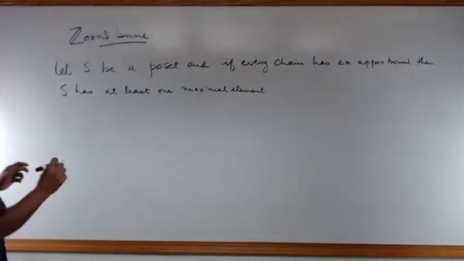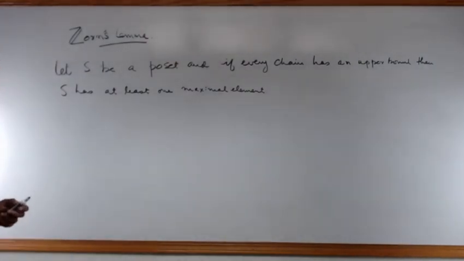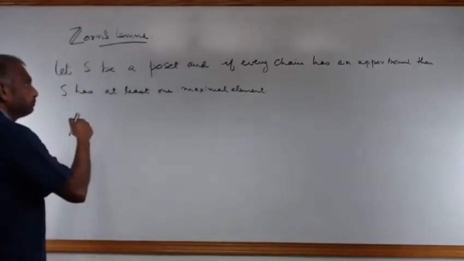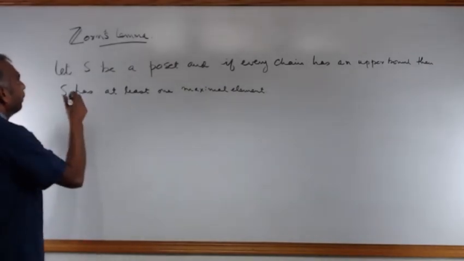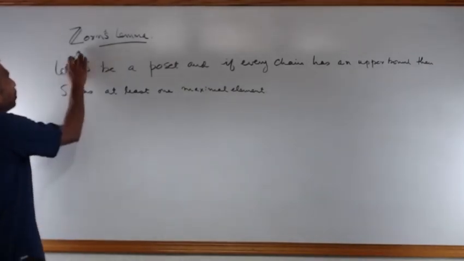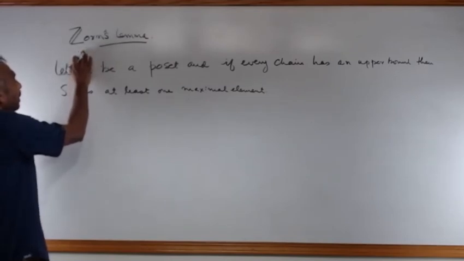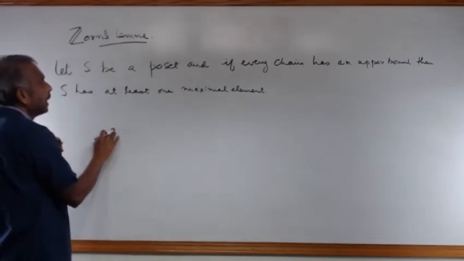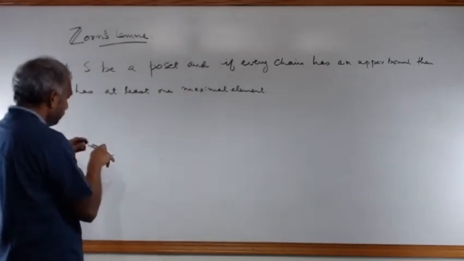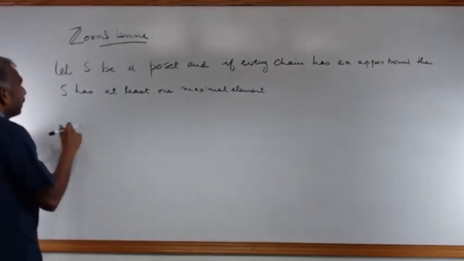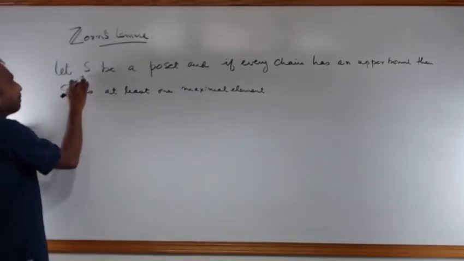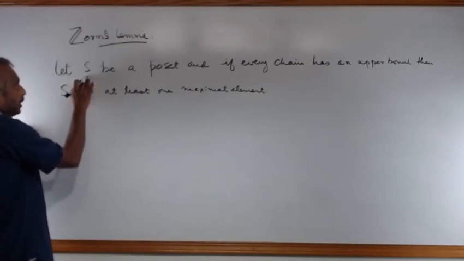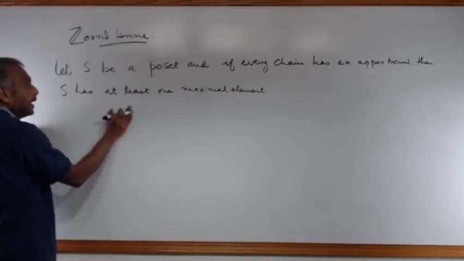Now, I'm just going to explain how we are going to use Zorn's lemma in proving the isomorphism extension theorem. So we are going to create a poset. So what is a poset? A poset contains elements and a relation.